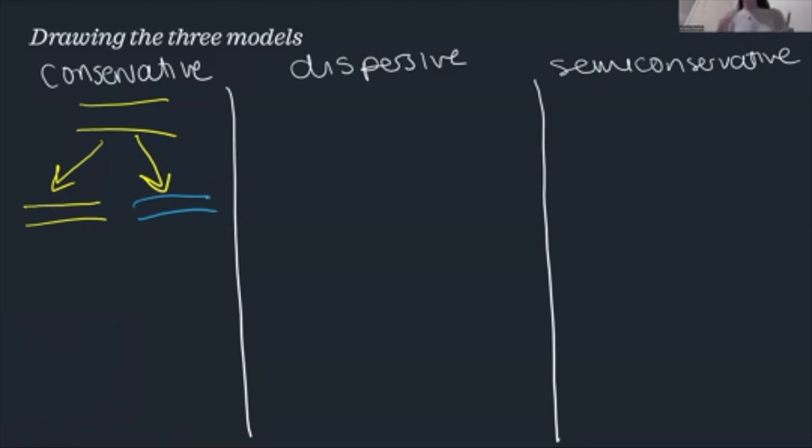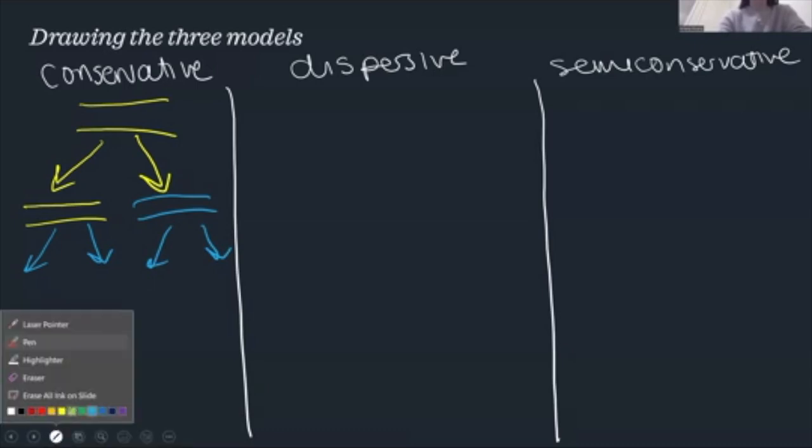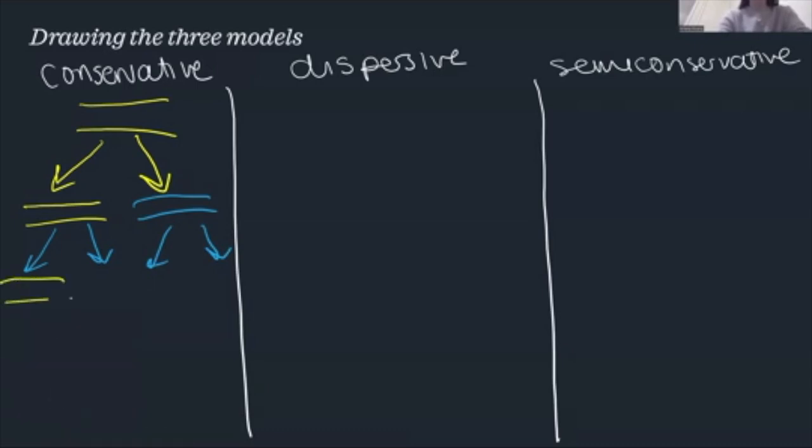If DNA replication were to occur again for each of these, again, the old would stay together. On this left one, the yellow is going to stay together again because the template strands stay together, and it just makes totally new DNA. I'm going to use green to show the new DNA. In my other one, my blue is now my old, and that's going to stay completely together.